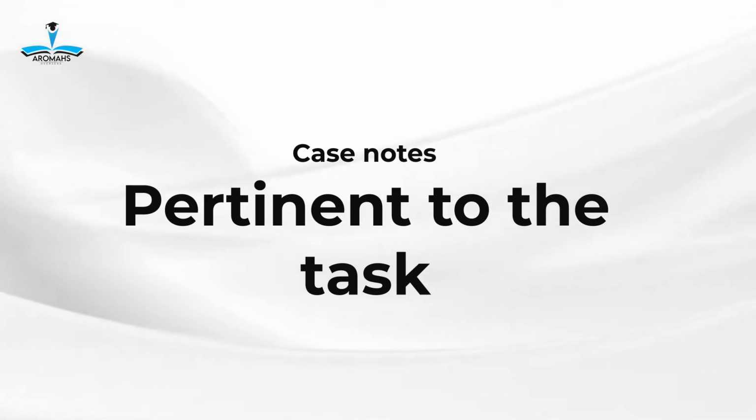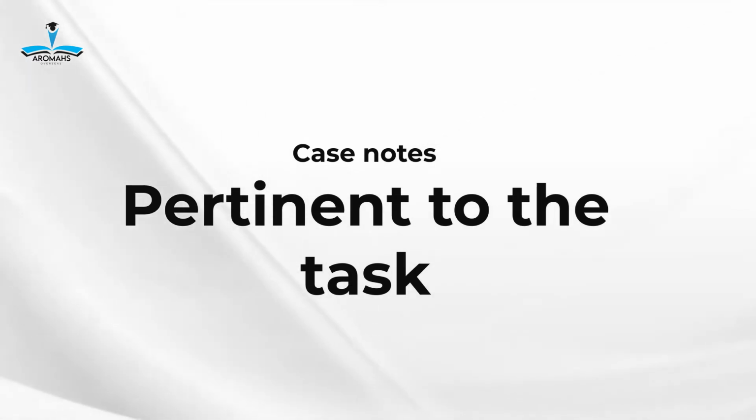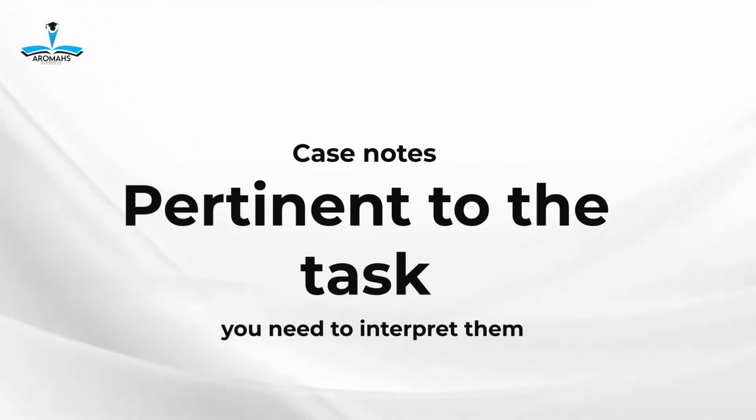You will always see that case notes are never written in perfect sentences and are somewhat challenging to understand. So you need to interpret them. It is actually a little difficult to interpret the case notes correctly because misinterpretations will result in incorrect information being placed in your letter.